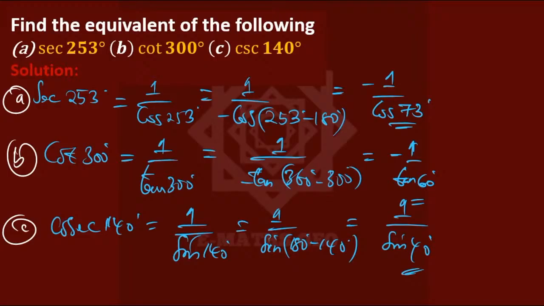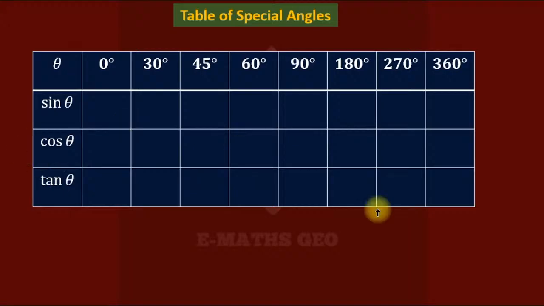Now let's move to special angles, so that like tan 60, which is a special angle, we get the actual value without the use of a calculator. So these are the special angles.